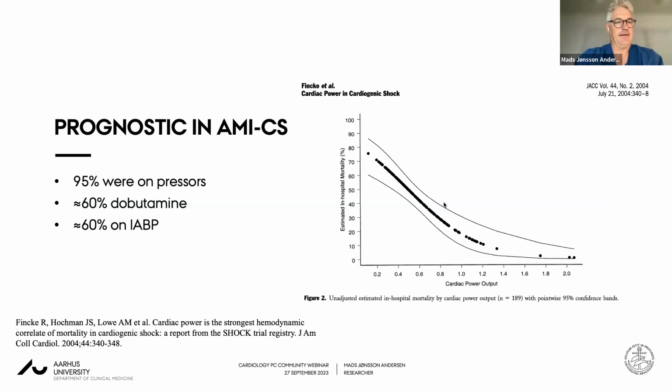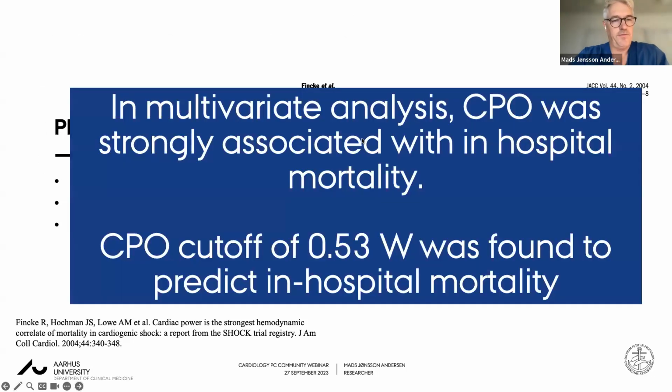In the SHOCK trial registry, 95% of the patients were on pressors, 60% on dobutamine, and 60% had an intra-aortic balloon pump implanted. And what you can see here is that there was a high correlation between low cardiac output and mortality. And they found in a multivariate analysis that cardiac power output was strongly associated with in-hospital mortality.